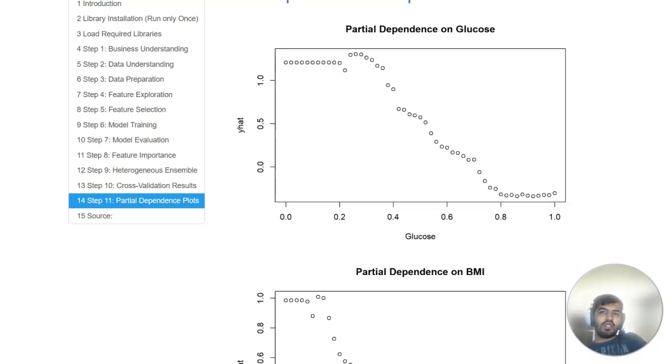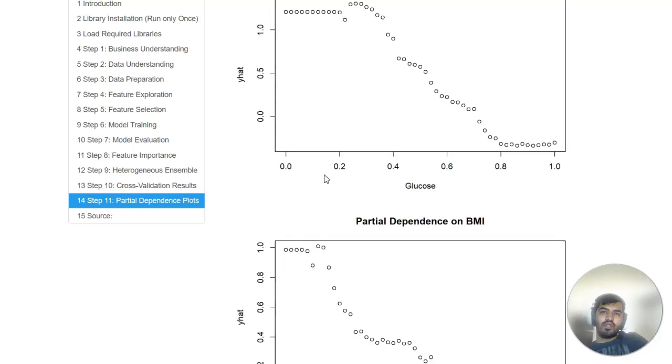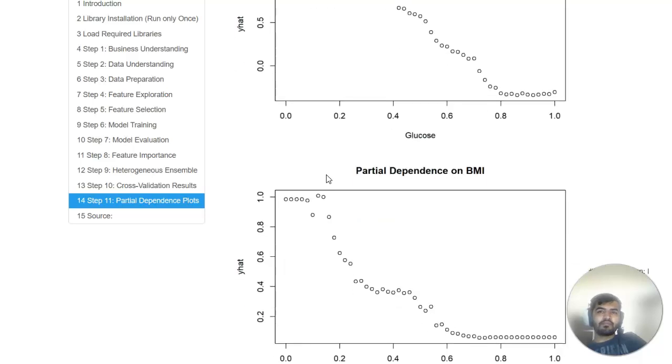This plot revealed a clear non-linear relationship: diabetes risk increased dramatically as glucose values increased above 0.8 on the normalized scale, corresponding to approximately 120 mg/dL in the original unit, which aligned with the clinical diagnosis threshold.